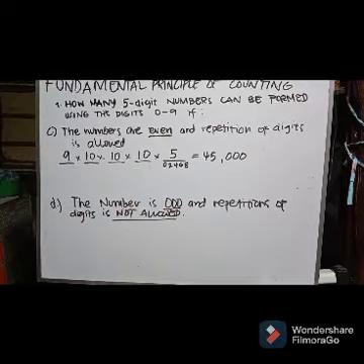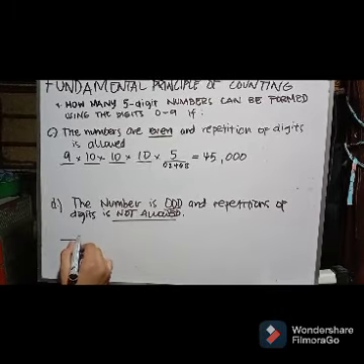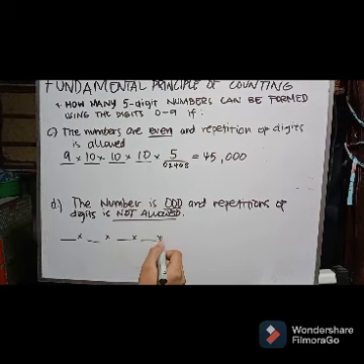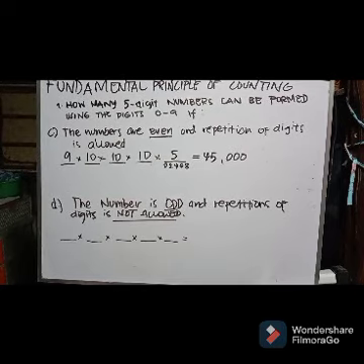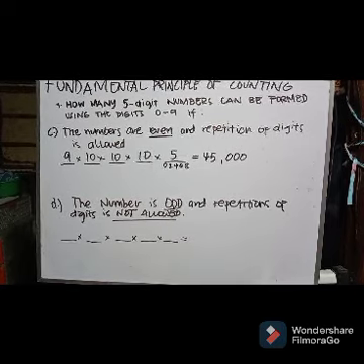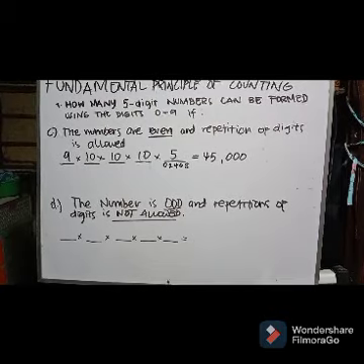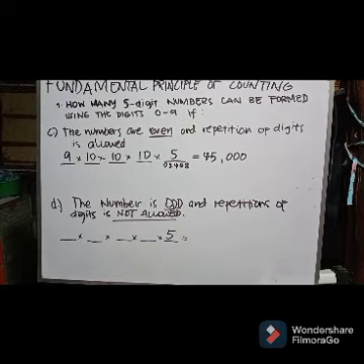And next is the number is odd and repetition of digit is not allowed. So 1, 2, 3, 4, 5. In this condition, it should be an odd number. So in the last digit, we can only use 1, 3, 5, 7, and 9. So it will count as 5 possible numbers for the last digit.